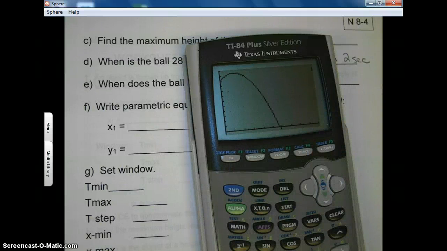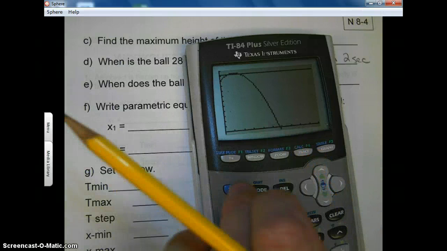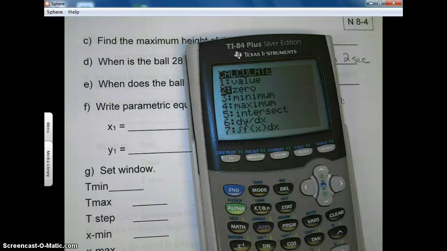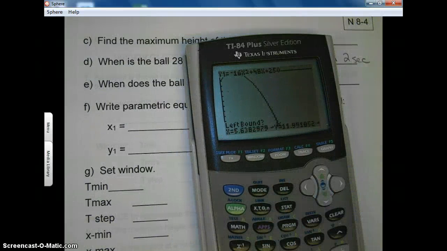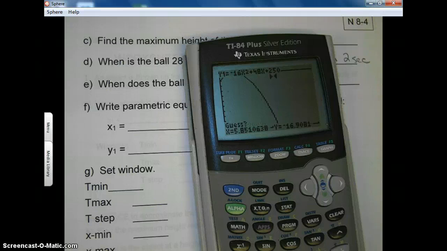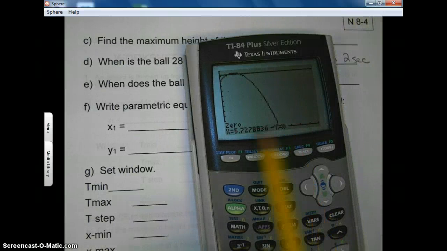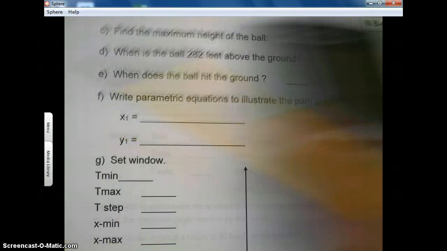Got a nice graph. The ball hits the ground right here, so I'm going to calculate my 0, left, enter, then go below ground, enter, enter. Alright, so when y is 0, x is 5.728 seconds.